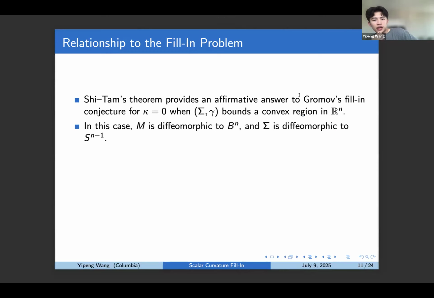In this case your boundary is diffeomorphic to the sphere, because you understand it as a strictly convex domain in Euclidean space, and the region you bound is given by a ball.